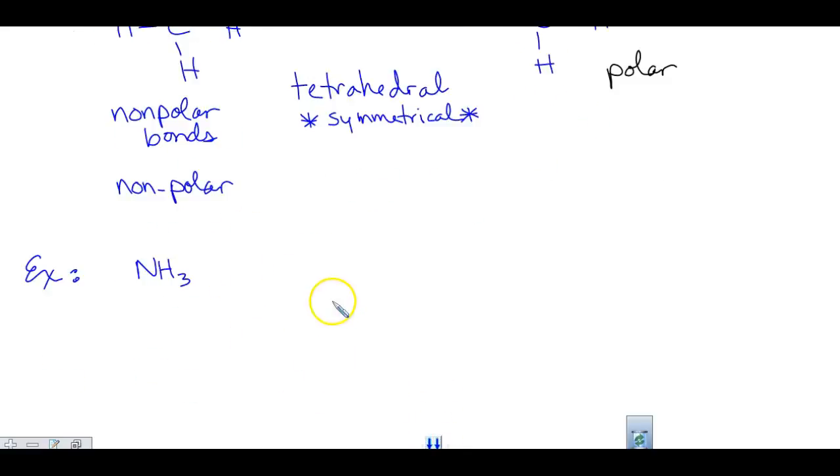NH3. Alright, draw the structure for that real quick. Okay, so all those dipoles are identical. However, this is not a symmetrical molecule. This one is trigonal pyramidal.